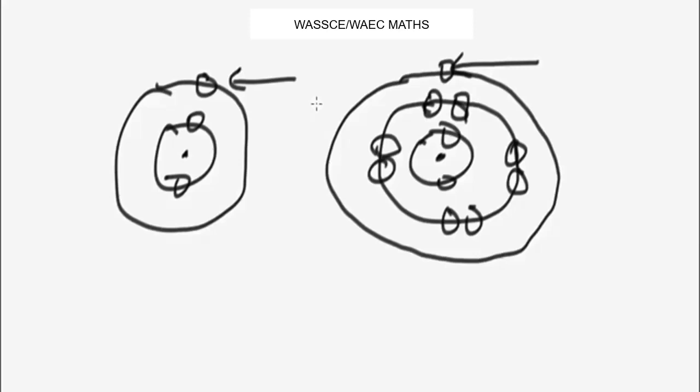Now let's look properly at the reactivity of group 1 elements, and what happens when they react with water. When group 1 metals are put in water, they react vigorously to produce hydrogen gas and a metal hydroxide.